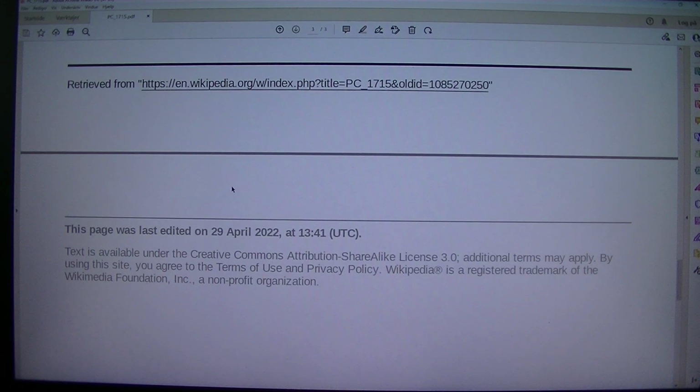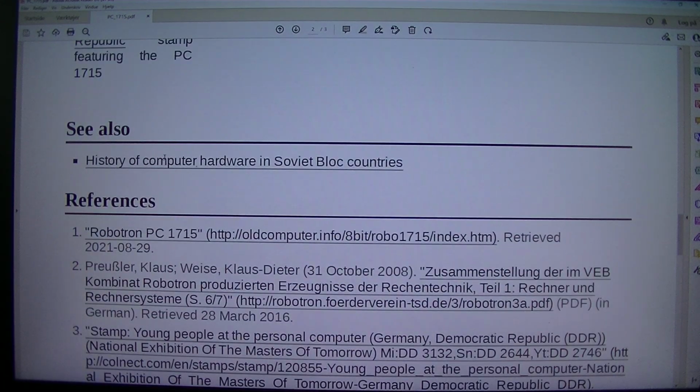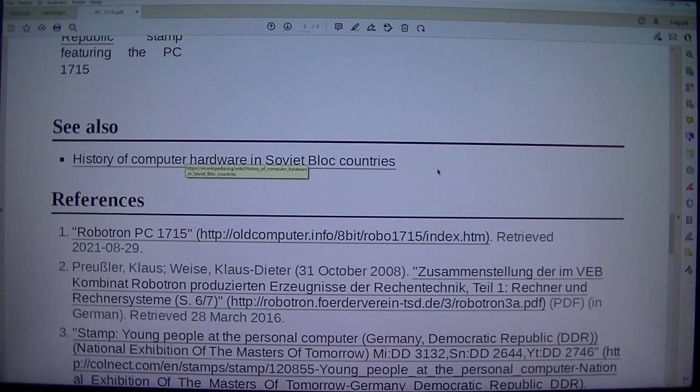The last edit was in 2020, more than a few months ago. But I did download this, the history of computer hardware in the Soviet bloc. I don't know if I should do that after this. I should think about it, because then I will never get back to Intel. I'm going back to the old Intel processors, and I keep doing all kinds of weird stuff in Eastern Europe and then the Soviets.